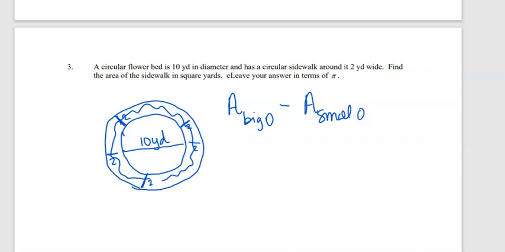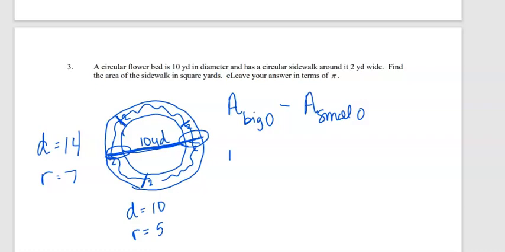For the big circle, if you look at it all the way across, it would be a diameter of 14 because it would be this 10 plus this 2 here plus this 2 here. So the big circle has a diameter of 14, making it have a radius of 7. The small circle has a diameter of 10, making it have a radius of 5.